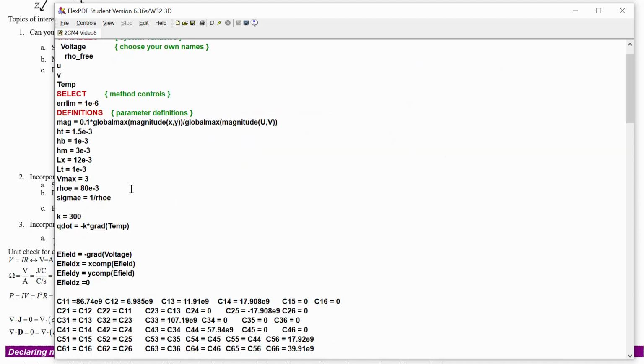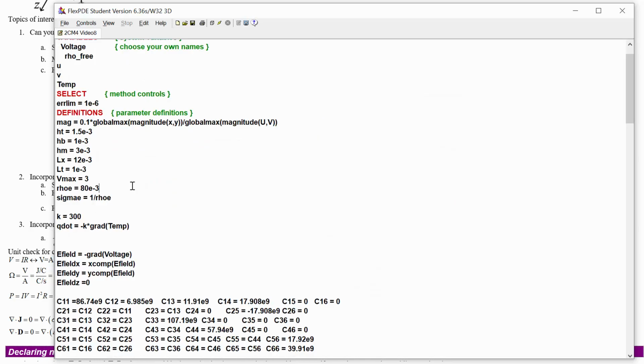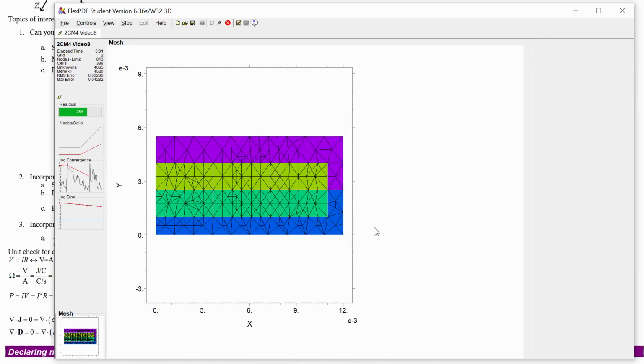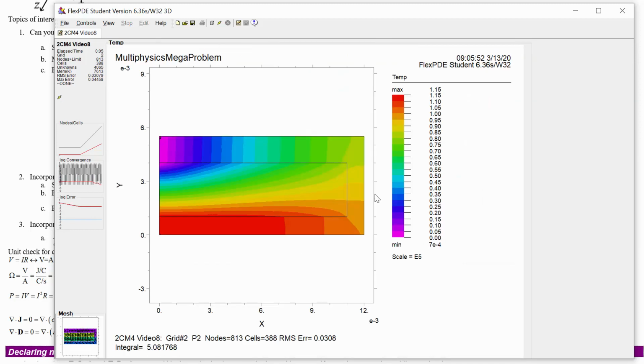The reason this isn't a lot higher of a temperature is because we set the electrical resistivity of this metal at pretty high resistivity for a metal. If it's more like a typical metal resistivity in nano-ohm meters, then we end up with a very different temperature profile at the end, where the shape is pretty similar.